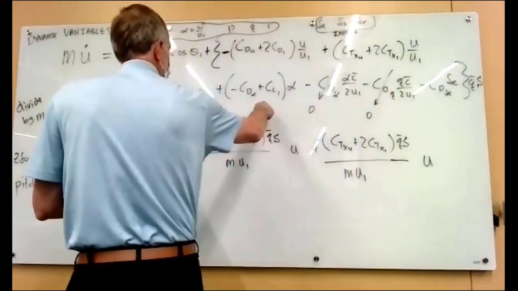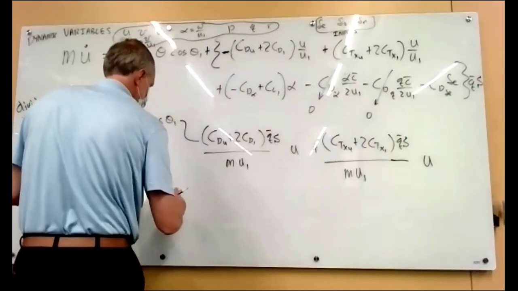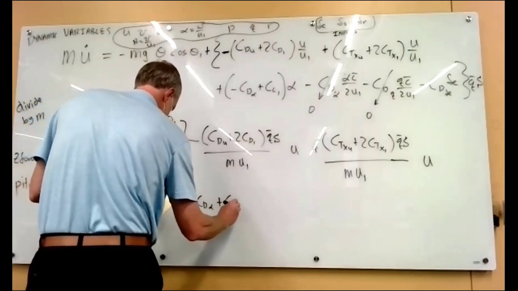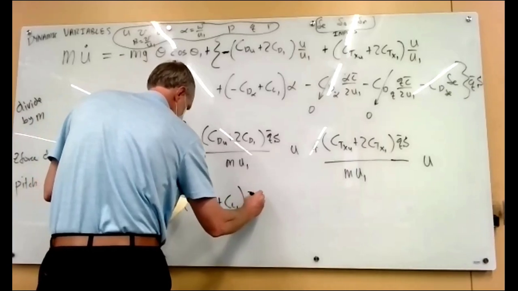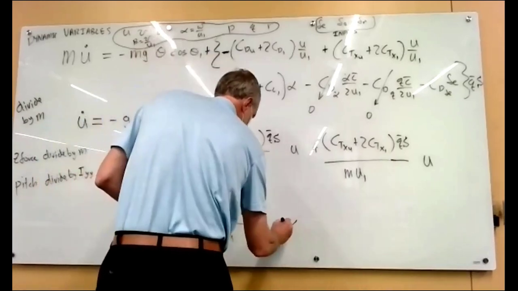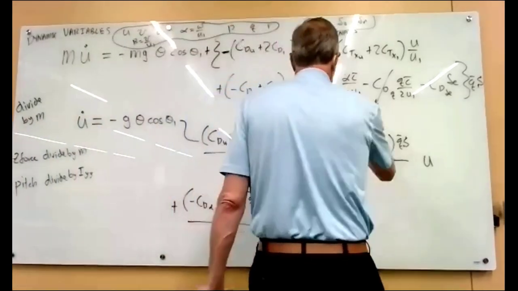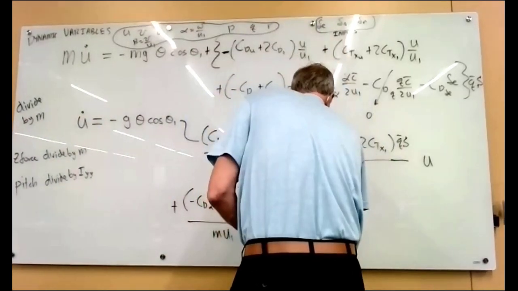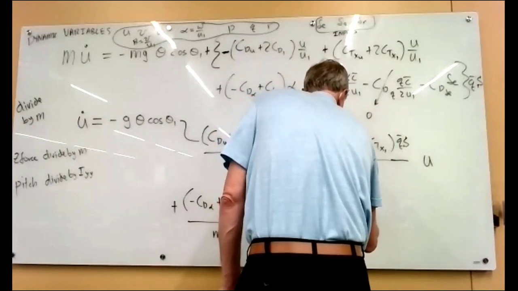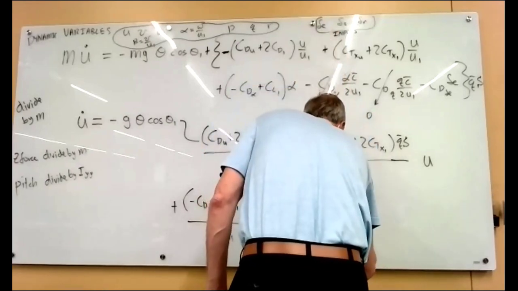And then we got the alpha term here. Alpha is a dynamic variable. I'm going to leave these in for a minute just to show you how these work.